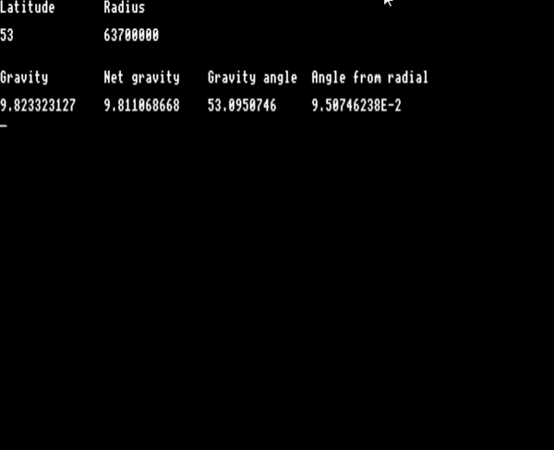There's 6371 kilometers. There's the volumetric mean radius, 9.82 of actual gravity, but just on 9.81 of net gravity. And at 6364 kilometers, it's 9.84 actual, 9.83 net, with 95 millidegrees between their directions.